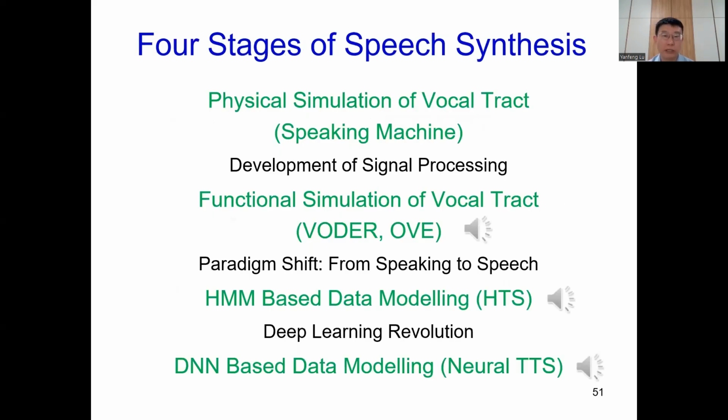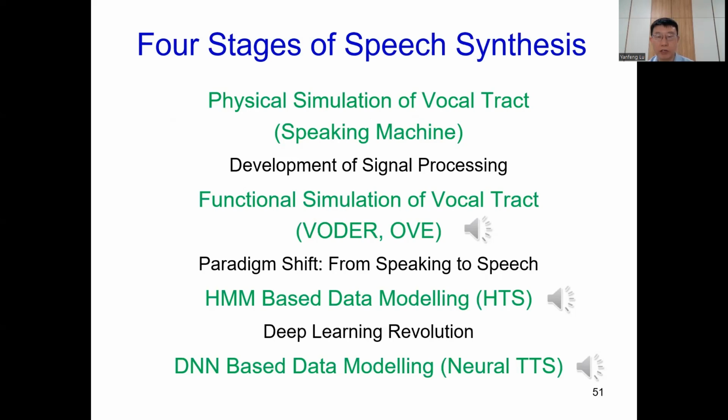So now we can do a summary of the four stages we talked about in the development of speech synthesis. Originally, we had the physical simulation of the human vocal tract, and the typical example is the speaking machine. This earlier phase was improved with the development of signal processing.